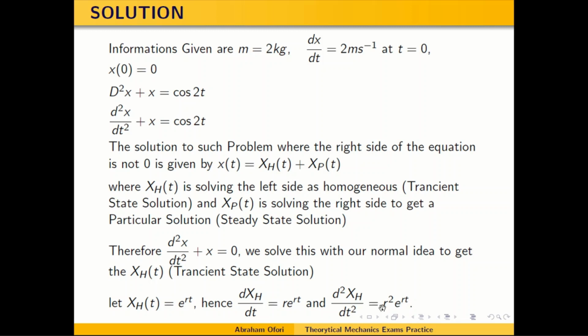Now having these, we just substitute them in. Wherever you see x, we put xh of t, and wherever you see d squared x/dt squared, put d squared xh/dt squared, which is given as this.